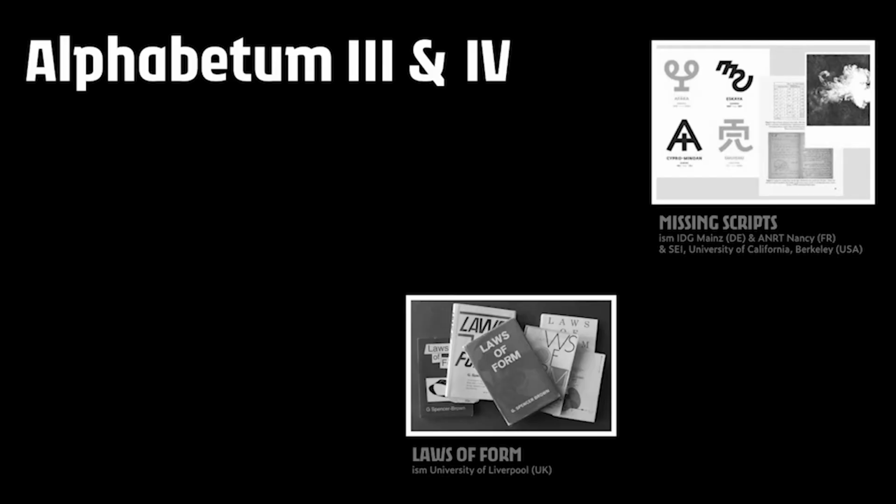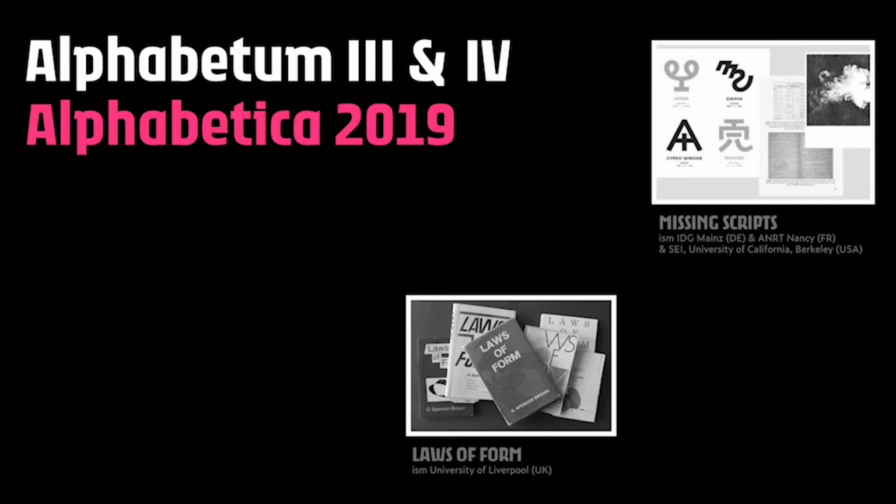For everybody who missed the guided tours in the afternoon, you can still look at the exhibitions till 6 o'clock, and we are open every day. But today we are here because of these 2 exhibitions, Alphabetum III and IV, and that was also the reason why we organized Alphabetica 2019.